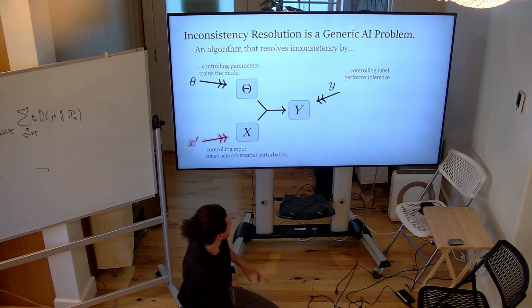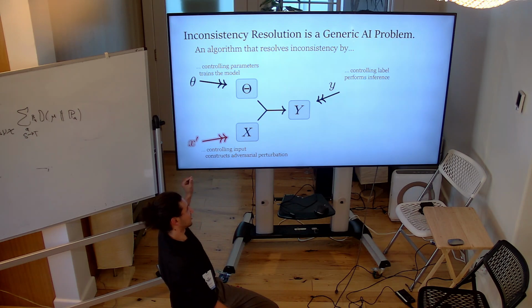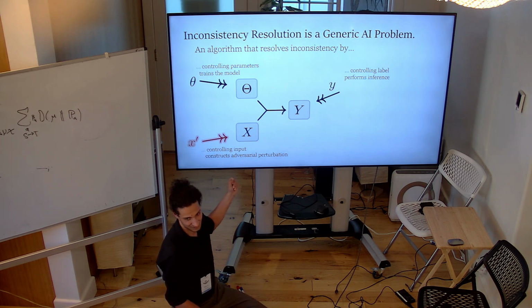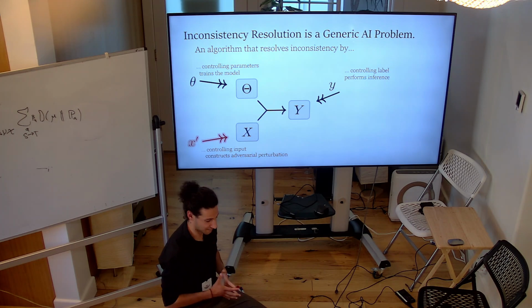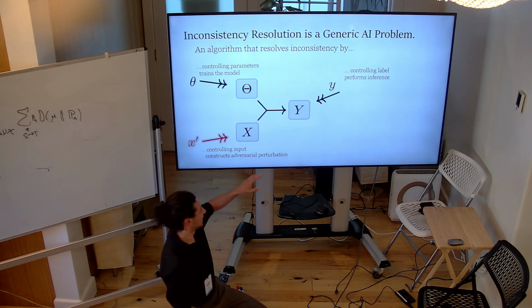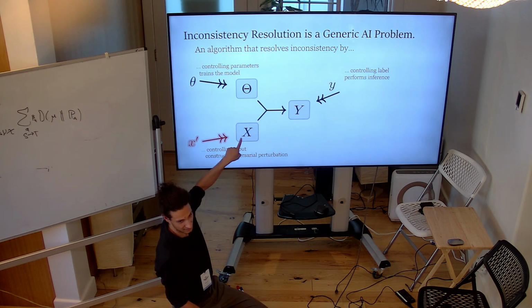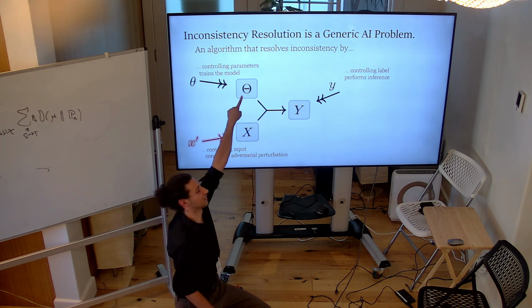If we resolve the inconsistency by controlling this input, then you're constructing an adversarial example. For a long time, people thought it's just a fact of neural networks that they have adversarial examples, a problem with our architecture. But unless there's a really serious reason to believe there's no symmetry between your parameters and your inputs, anything that should be trainable this way should be trainable that way.